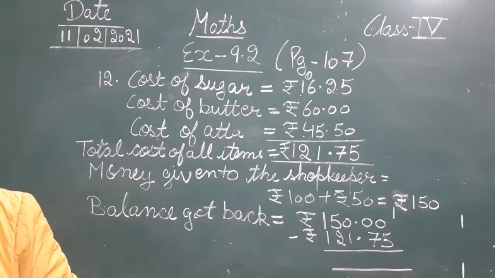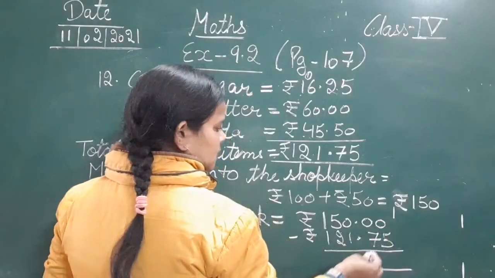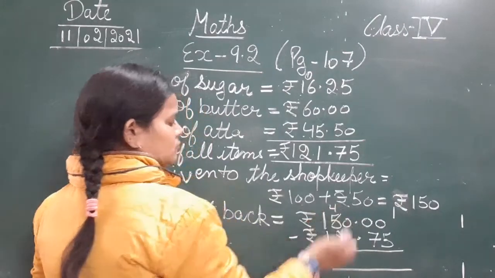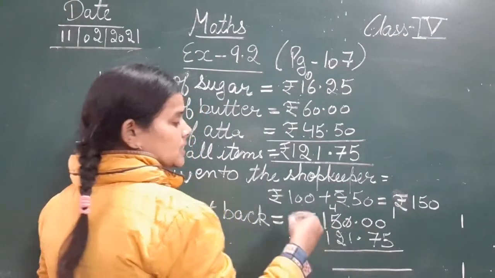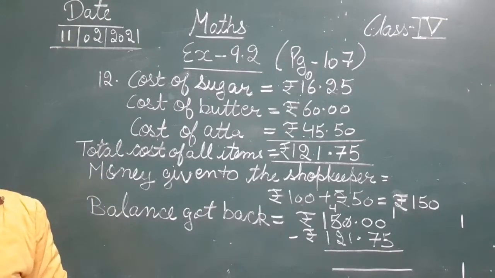So let's just subtract it. 0 minus 5 is not possible, so we borrow. It will become 4. It is simple subtraction that you were doing from the very first class.